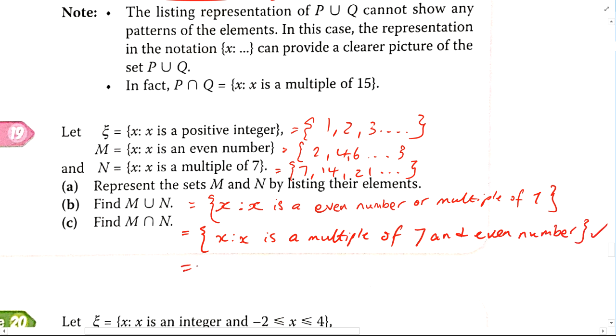But let me try listing down what we have over here. I've got 2, it's an N, right? So it must be 14? Right? Next number will be 28, followed by 42. How do you know? You are correct, but how do you know?